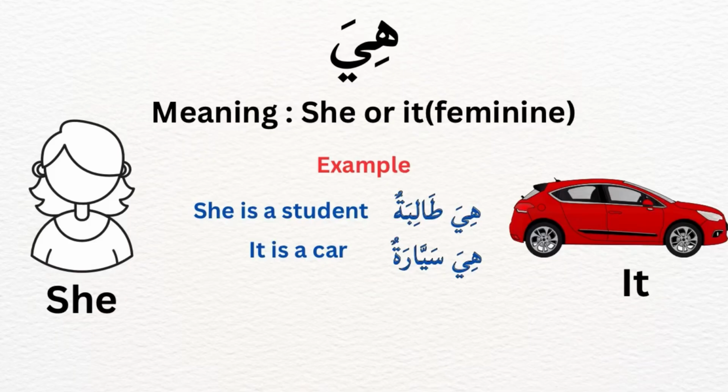For example, she is a student: hiya talibatun. Another example, it is a car: hiya sayyaratun. Hiya sayyaratun means it is a car, because a car is feminine in Arabic.